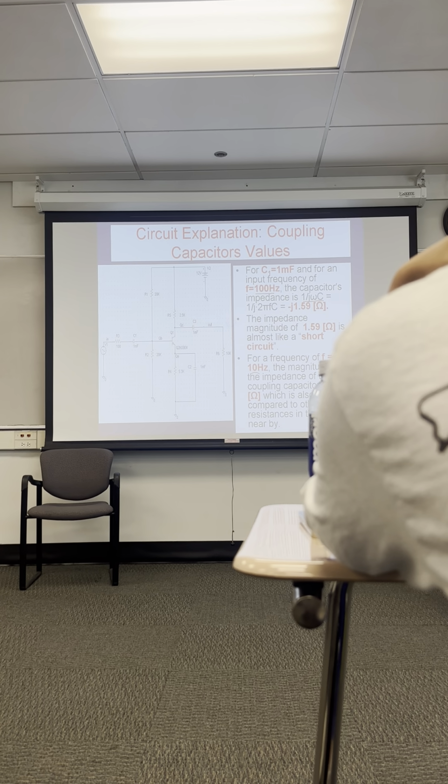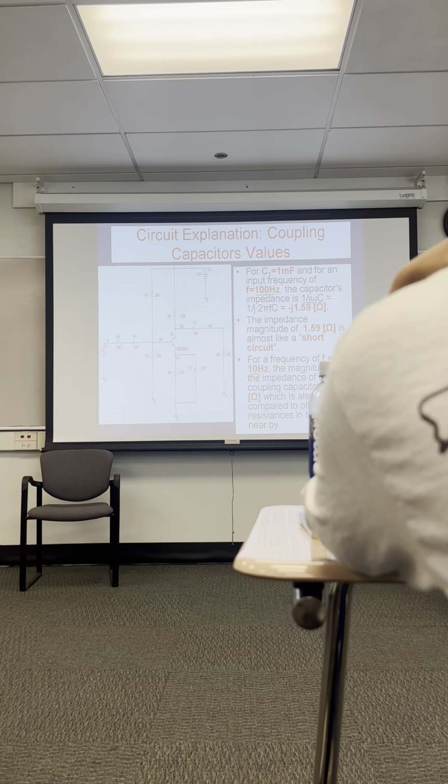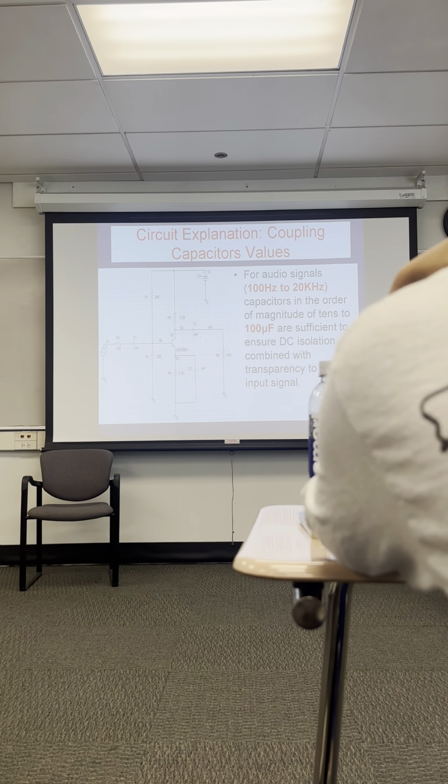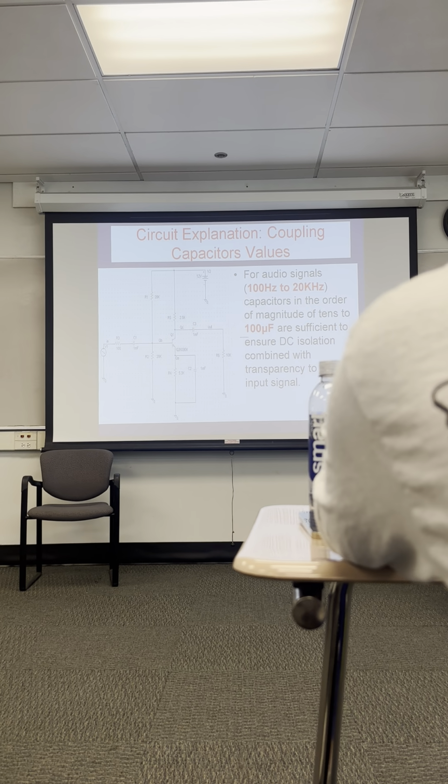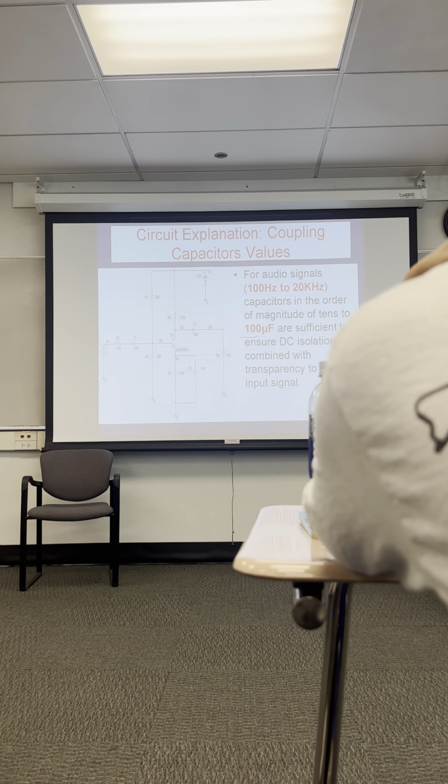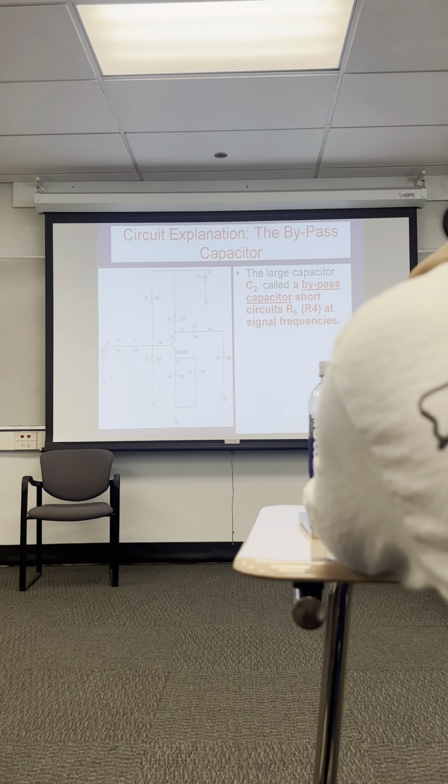However, it's basically showing us that if we want to pass very low frequencies, say like 1 hertz or even lower, we really have to get very large series capacitors in the circuit. Usually around 100 microfarads is probably sufficient. The bypass capacitor here is a short circuit for AC.